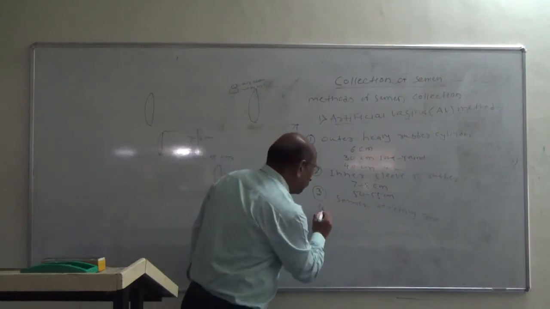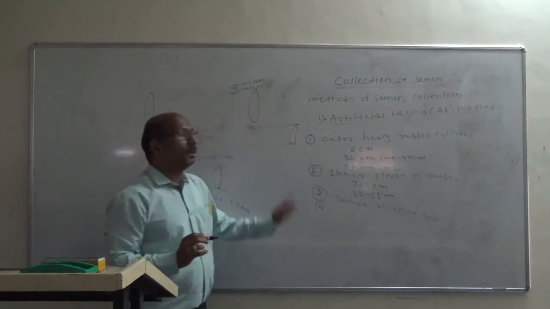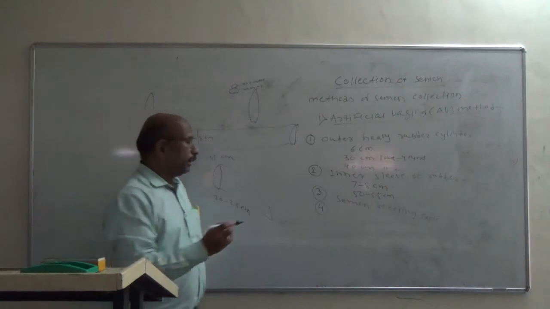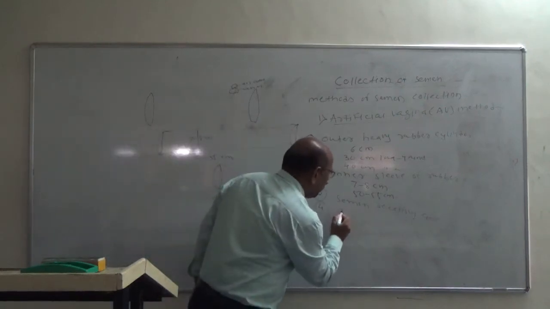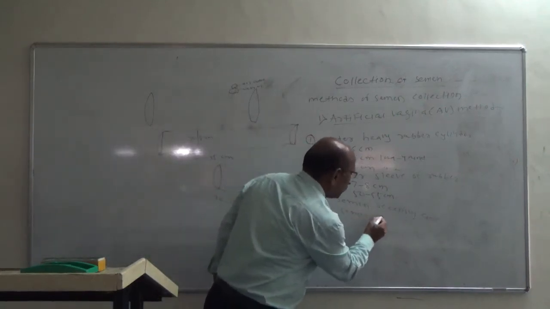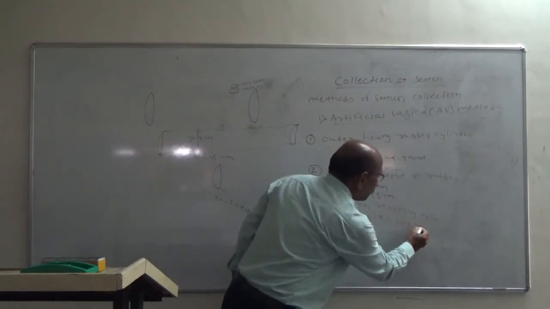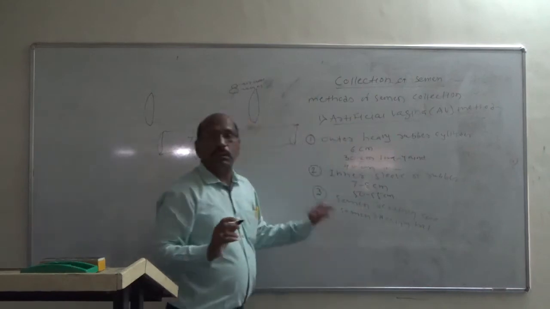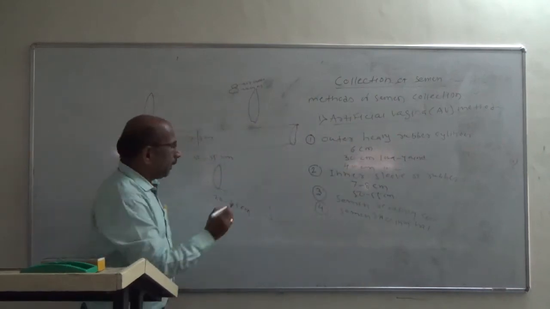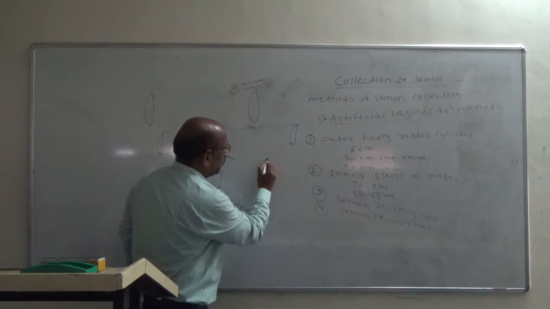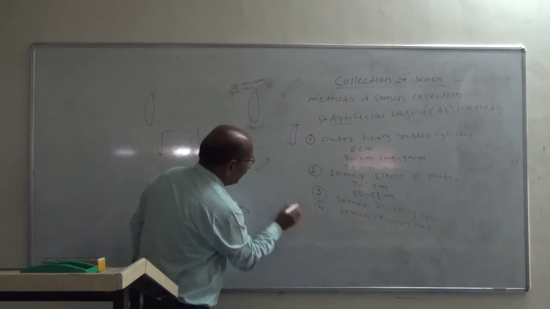Fourth part of the AV is the semen receiving tube.